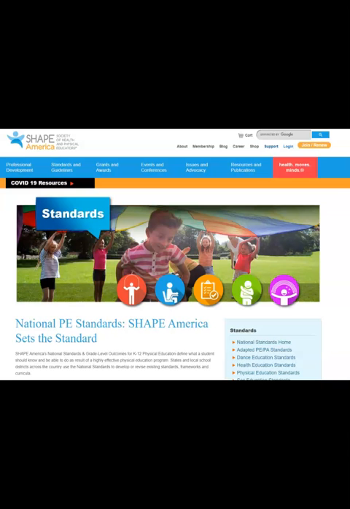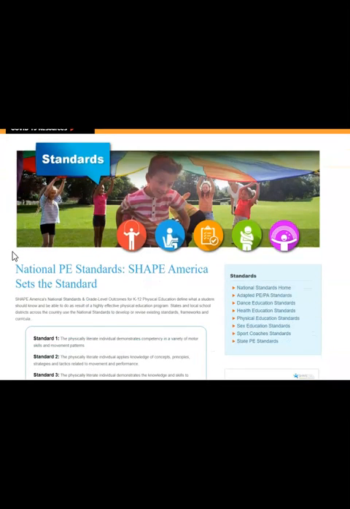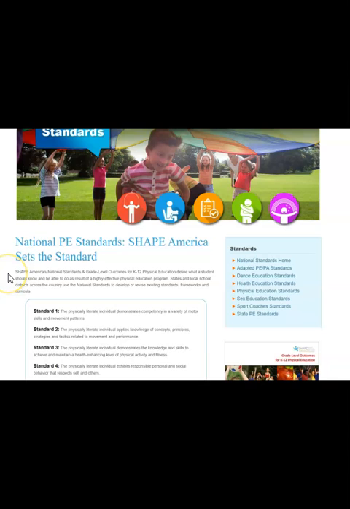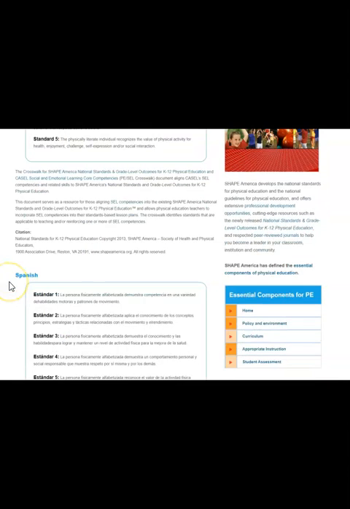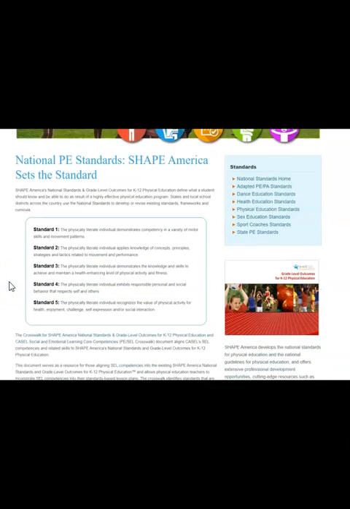Your textbook talks about the NASPE standards, and right after this textbook was published, those standards changed to SHAPE America standards. So this is the website that has the standards now for the national standards in physical education. In your textbook they talk about 6 different standards, and in the SHAPE America standards, there's 5.